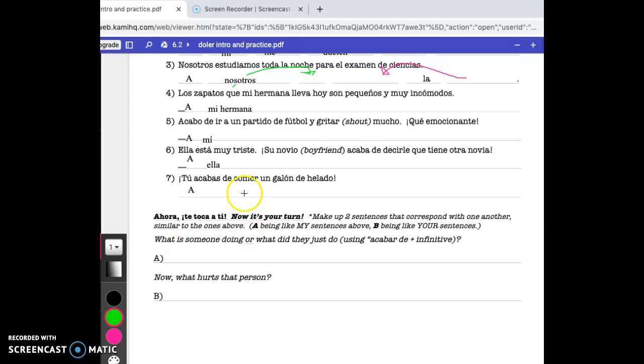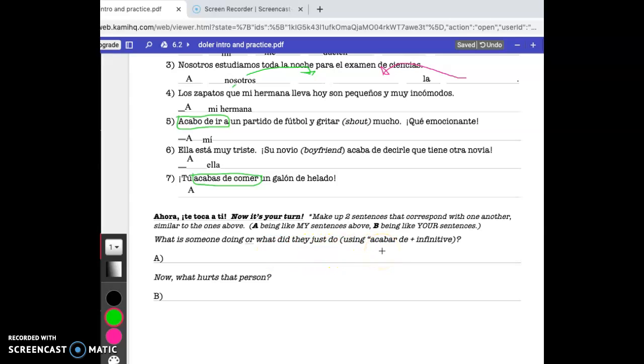So you can use acabar de. See the structure here? Acabar de. You just ate. I just went to a game. Or you can make a general sentence like, her shoes are too small. She is sad. So this sentence should be just like one of my 7 sentences up above.